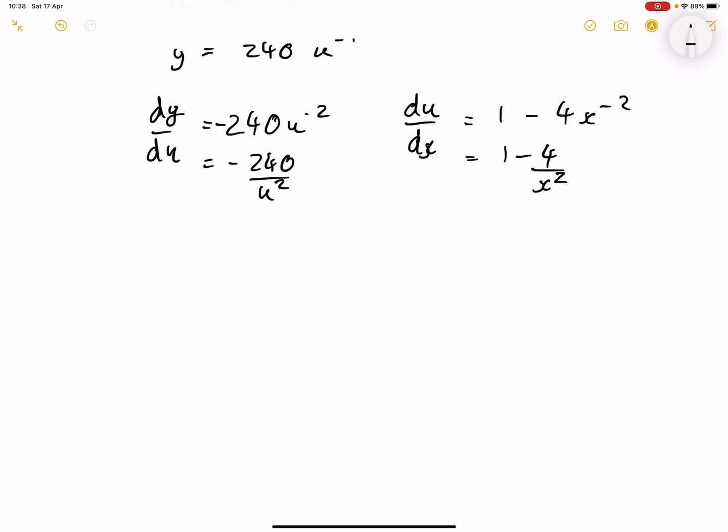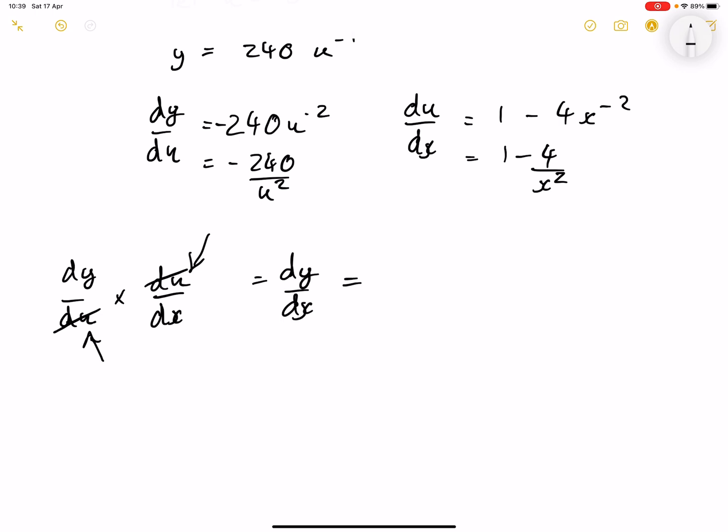The whole premise of doing this dy by du and du by dx is that when you multiply them, dy by du times du by dx, you have du on the numerator and on the denominator, so those will cancel, and so then you get dy by dx.